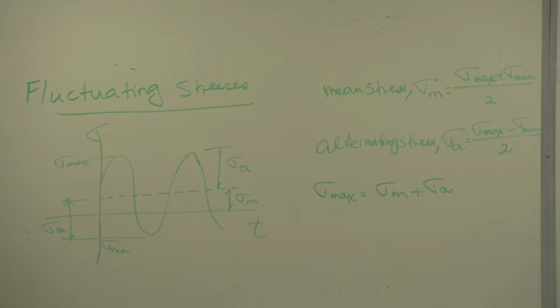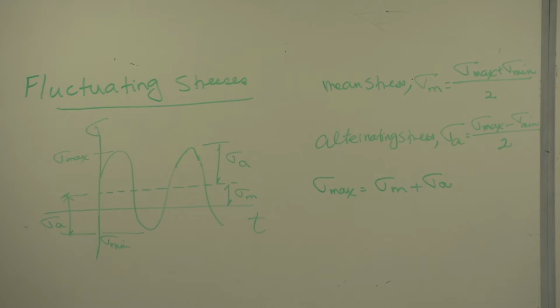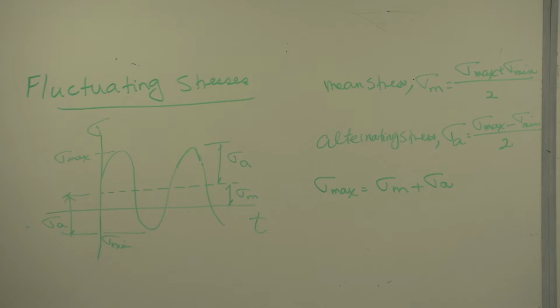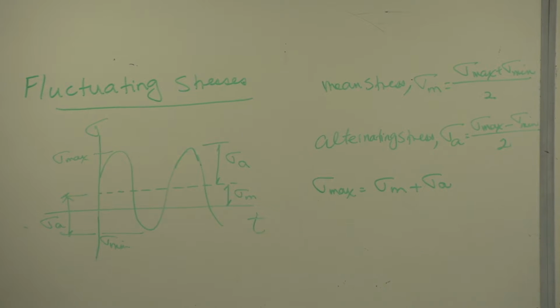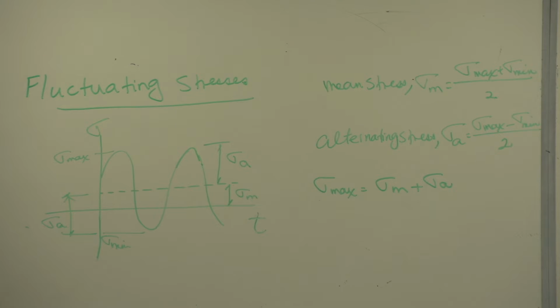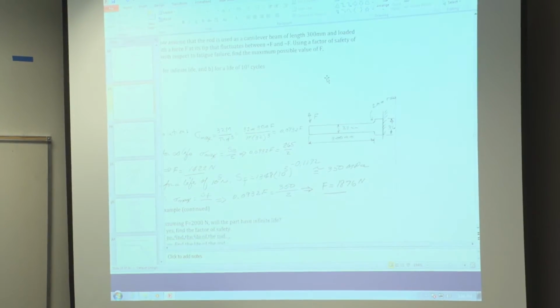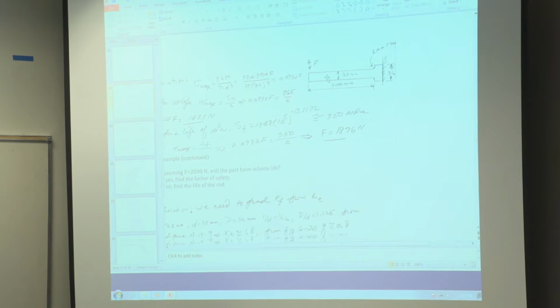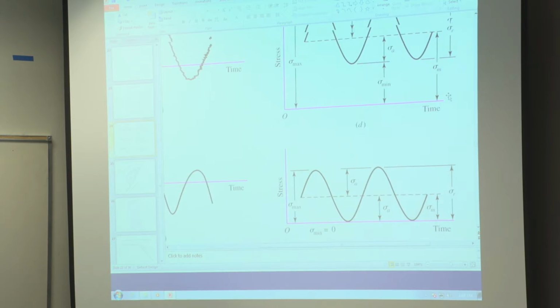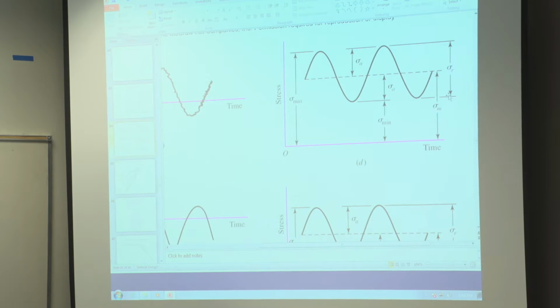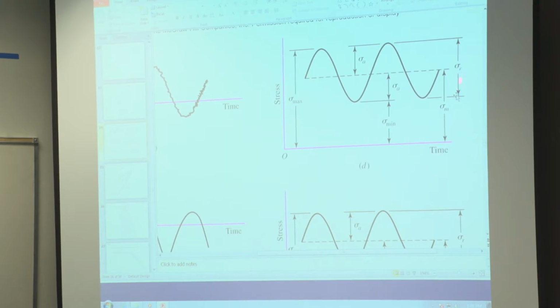There are some other stresses that are defined both on the graphs that you see. I'll magnify this graph here a little bit. So for example, in this one, there's your mean stress, where the dashed line is.